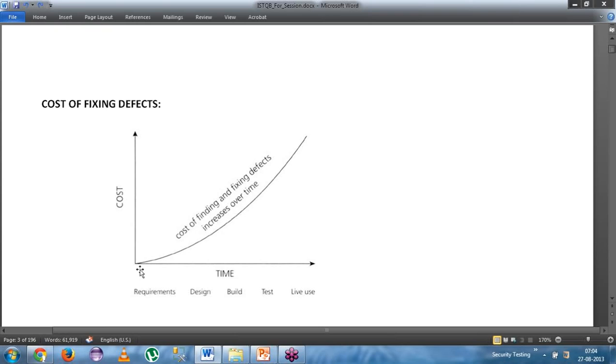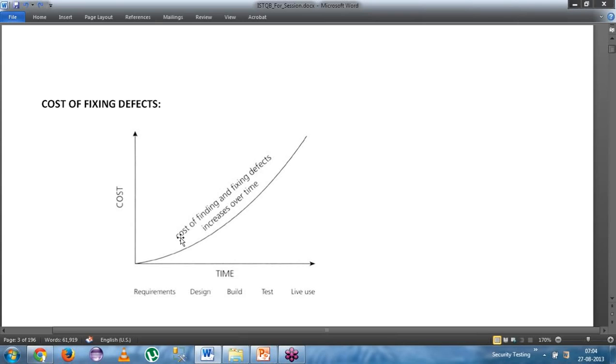You see here, if you fix your defects right from the requirement phase, it's pretty cheap. As and when you move through the software development or test life cycle, you land up in more serious problems. When you are ready for live use, and you find that there is a problem with your requirement, we are in serious trouble.